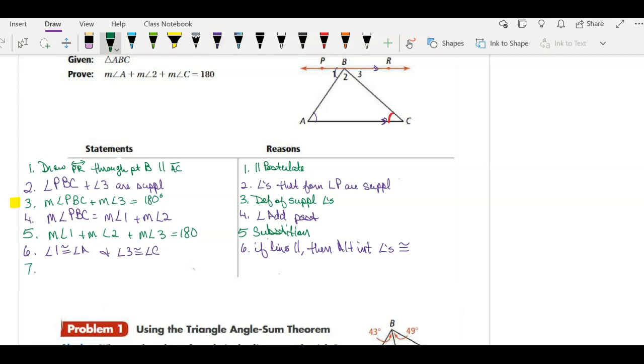Okay, so now we need to get it in the measure form, or in the terminology. So we're going to say the measure of angle 1 is equal to the measure of angle A, and the measure of angle 3 is equal to the measure of angle C. And what's the reasoning behind that?